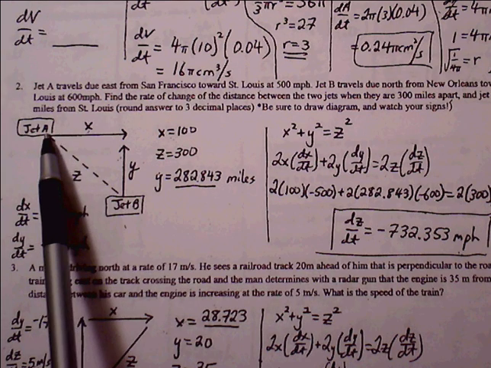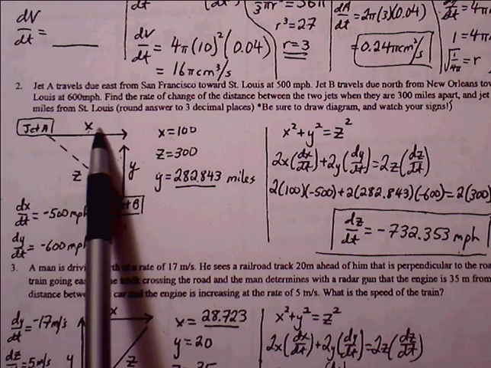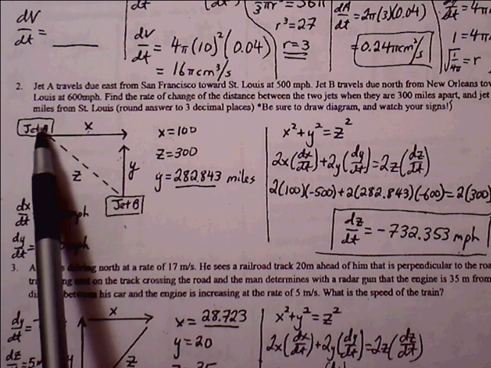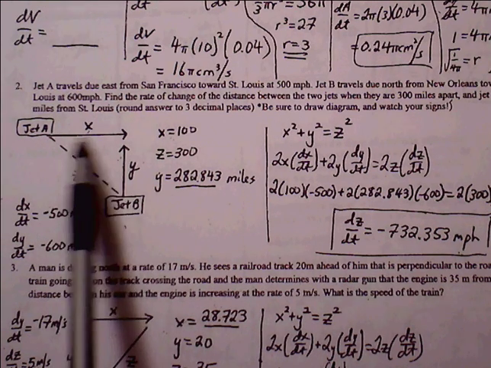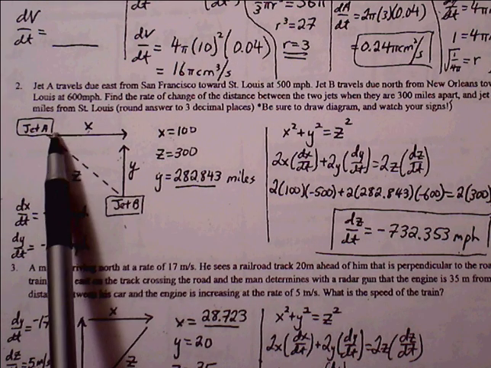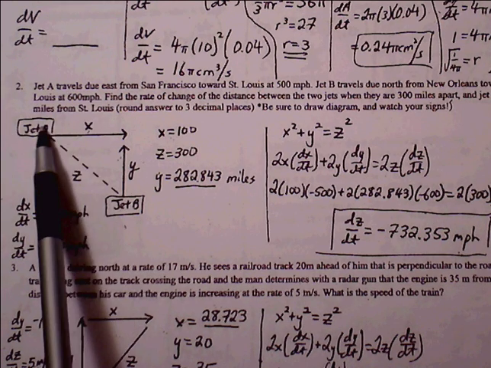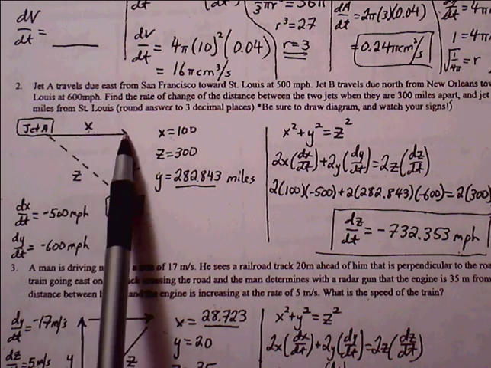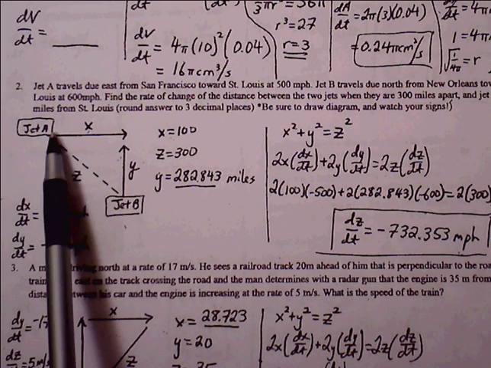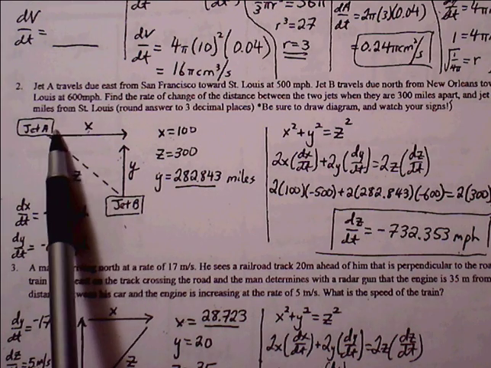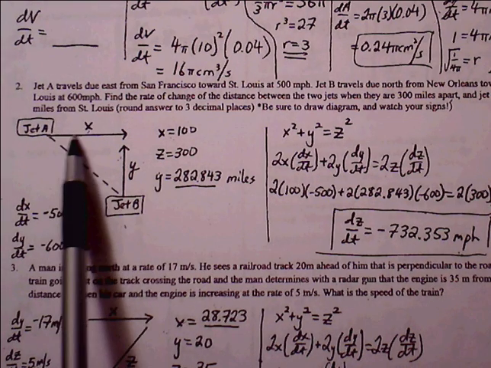We know that jet A is traveling due east at 500 miles per hour. However, as jet A moves closer towards St. Louis, the distance is going to decrease. So this horizontal distance x of the triangle is going to keep decreasing over time.